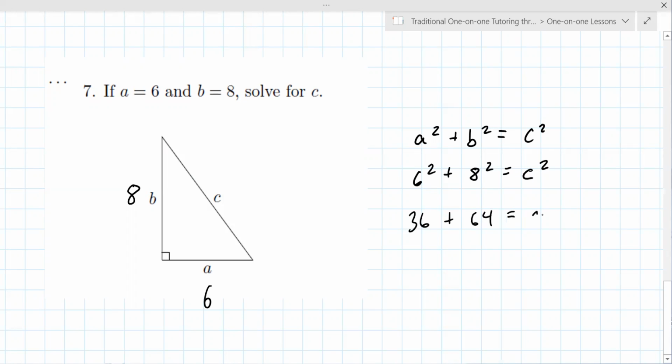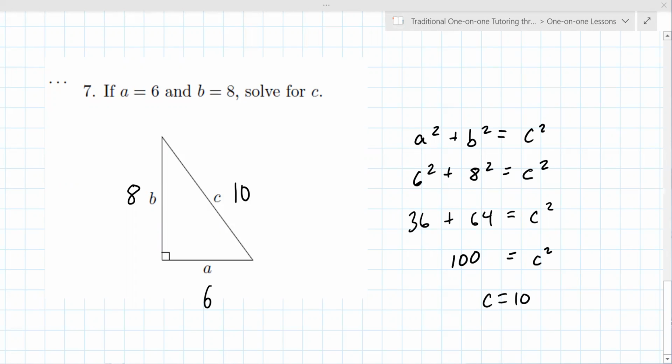What is 36 plus 64? 100. So C squared is 100, and C is equal to 10. Good. That's great. I'm really pleased that you're able to work that out on your own.